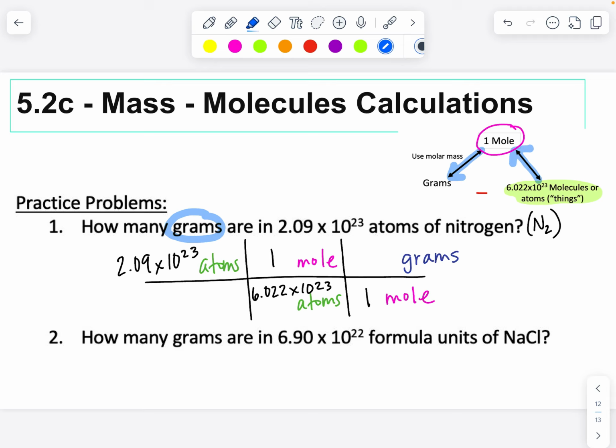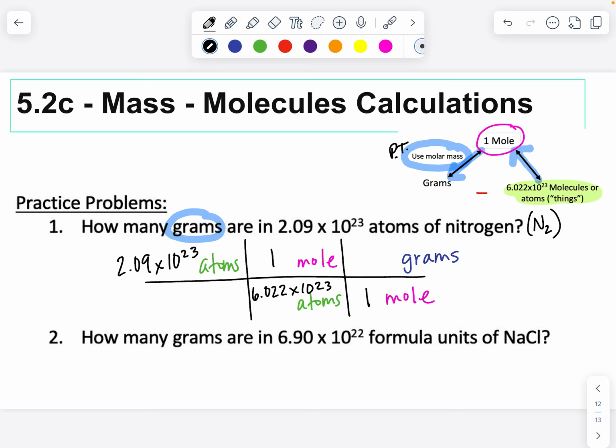Now remember, to get my number that goes in front of grams, I have to use my molar mass, which is just straight from the periodic table. Since this is talking about nitrogen, remember nitrogen is a diatomic, so that means there are 2 nitrogens. I have to add up my mass for nitrogen from the periodic table.